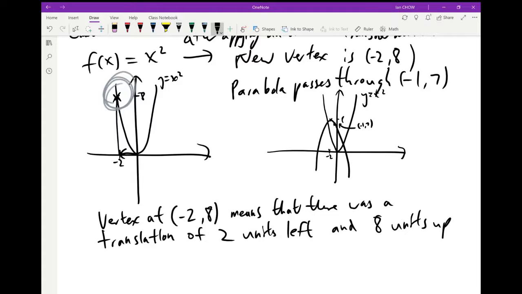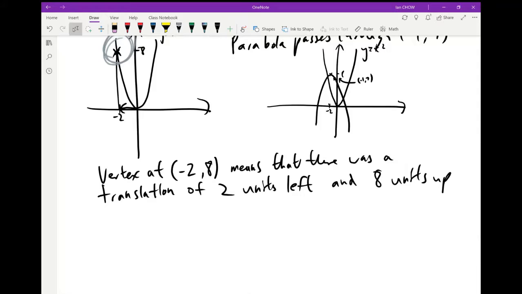That's what it means. And so if I temporarily find our transformation function, it's going to be y is equal to f of, 2 units left means it's going to be x plus 2. This means plus means to the left. And then we also have 8 units up, so it's plus 8. That's going to be up.